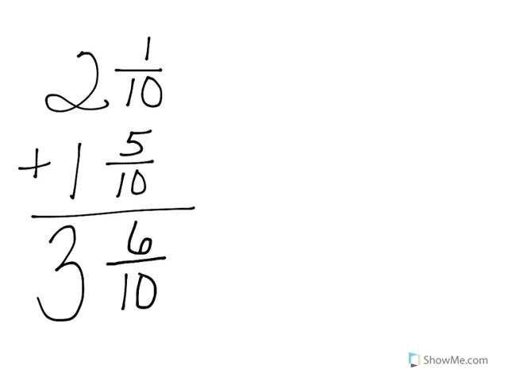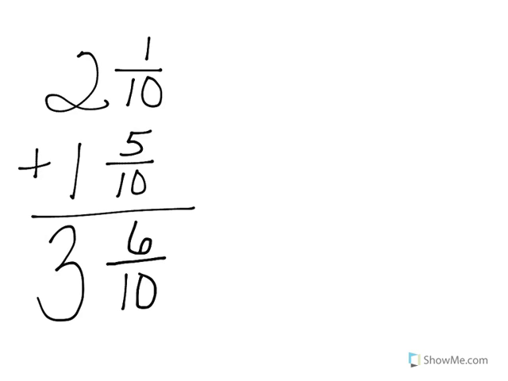Now I have to remember to ask myself those 2 key questions. The first question is, is the fraction in my mixed number improper? When I look at 6/10, no, that is not improper, because the numerator is smaller than the denominator. So it's okay. The next question I have to ask myself is, can my fraction be reduced?